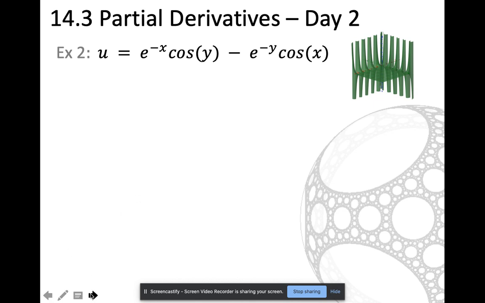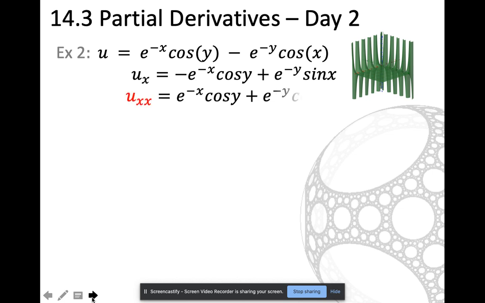So if I take the derivative of u holding y constant, cosine of y is a constant. So I'm just doing the derivative really of e to the negative x, which is negative e to the negative x times the constant. Again, who am I holding constant? I'm holding y constant. So e to the negative y is just a constant. The derivative of cosine x is just negative sine x times that constant. Take the derivative there.